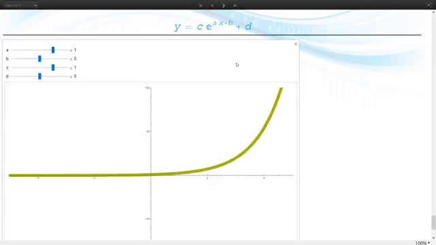And here's a manipulatable graph. This lets us see how various coefficients and constants affect the graph of e to the x. So notice that a will produce horizontal stretching and compressing. If a is negative, then the graph reflects across the x-axis.